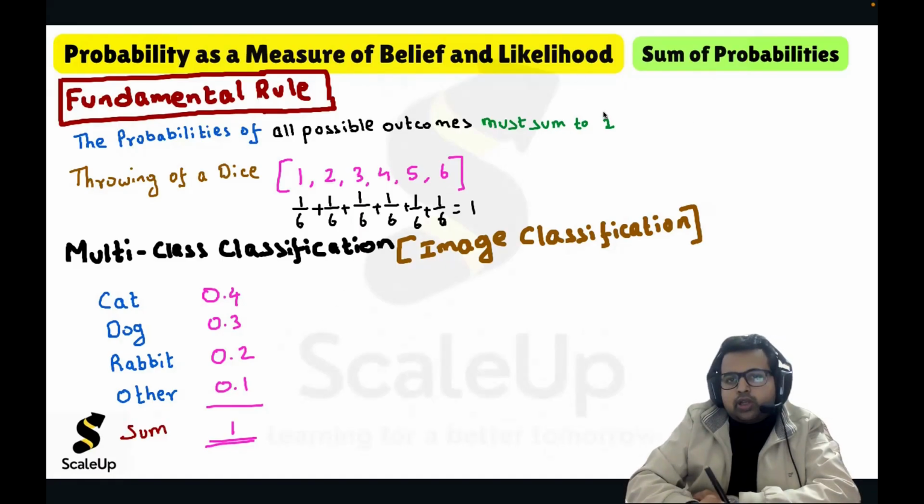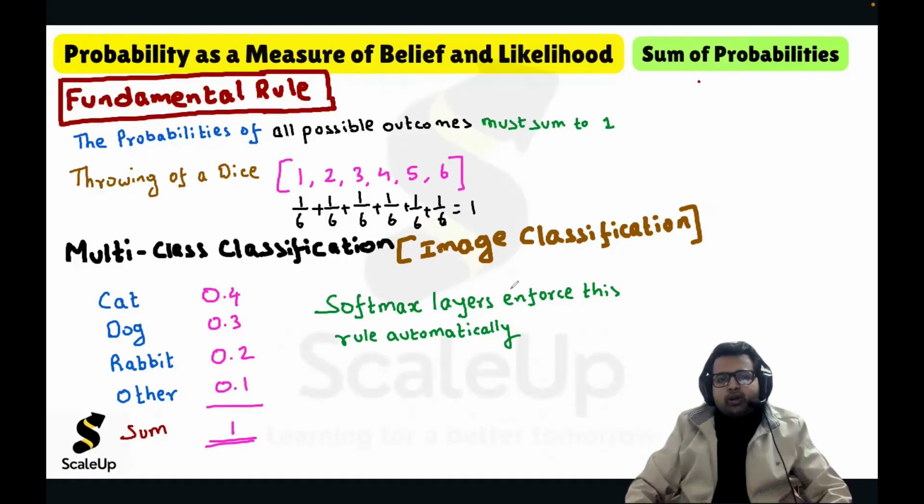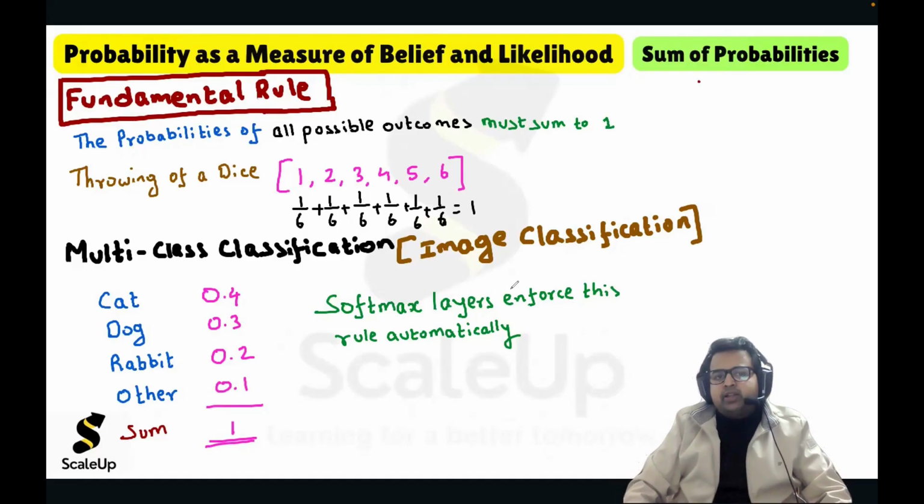So in deep learning, there is something called softmax. Softmax layers enforce this rule automatically. So this is a very powerful rule. This is the fundamental rule, sum of probabilities, and we have to keep it in mind.